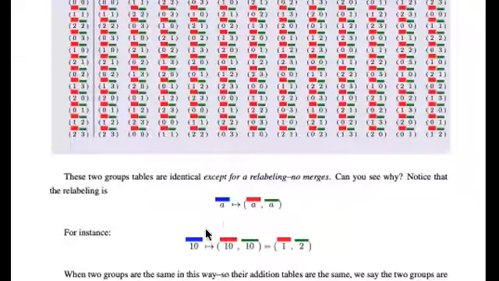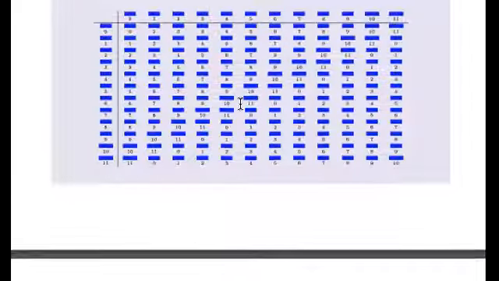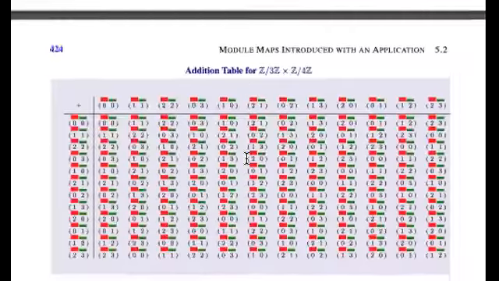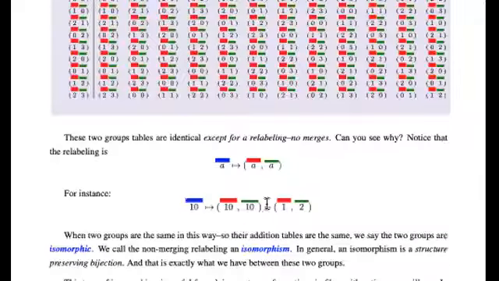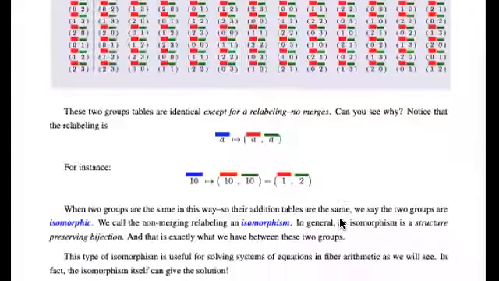So we have a nice, simple, easy relationship between this table and this table given by this idea. This is an isomorphism because it's a bijection, and it preserves group structure because it preserves addition.